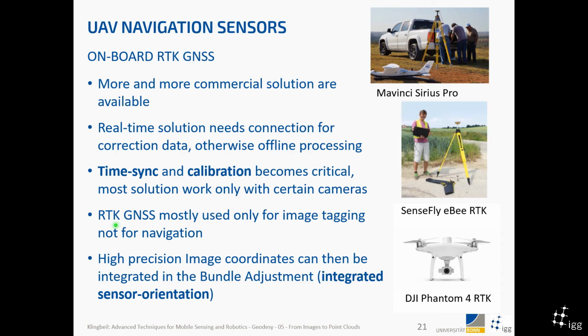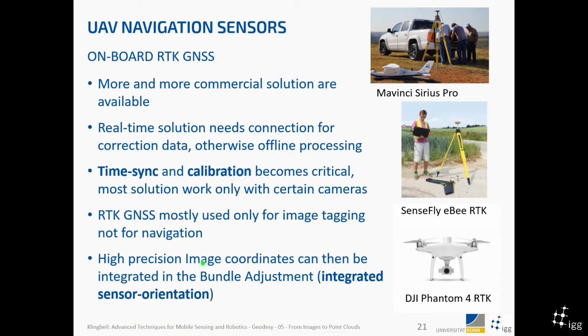So you don't want to rely on this to navigate your drone. Mostly they are only used for tagging, and for the navigation, there is an extra GNSS receiver that is just doing the navigation part.